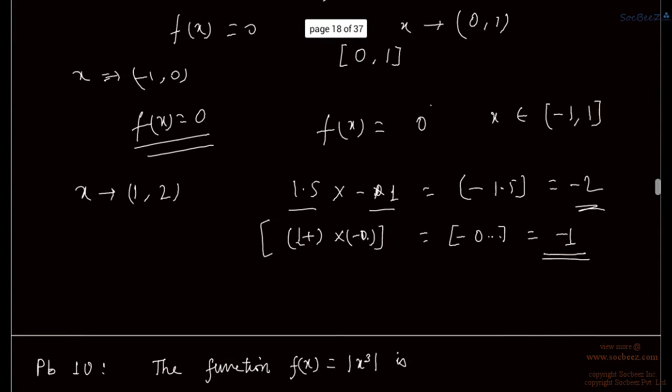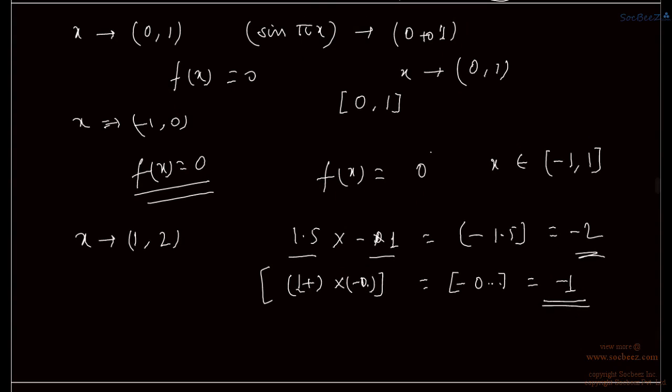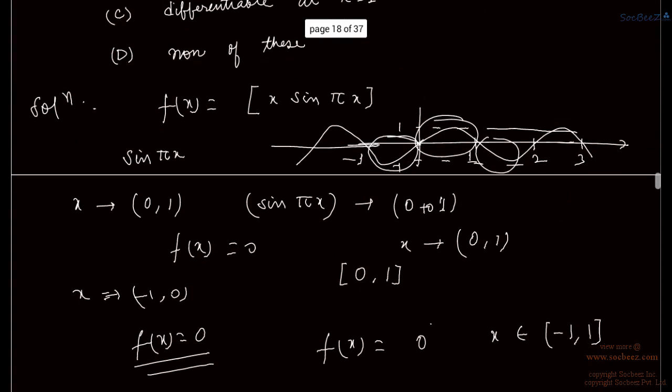Similarly, if we see the continuity of the function at x equal to -1, say x is just less than -1, that is x equal to -1 minus. Here sin(πx) is positive, whereas x is negative, so again we get a negative value. So we are not getting the value 0.